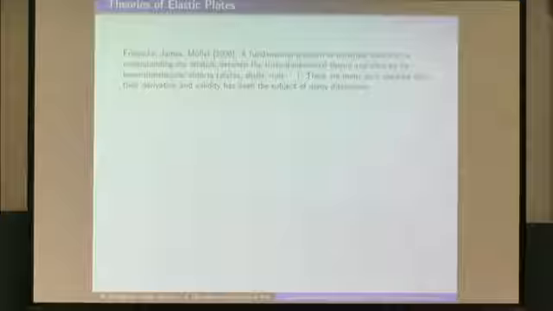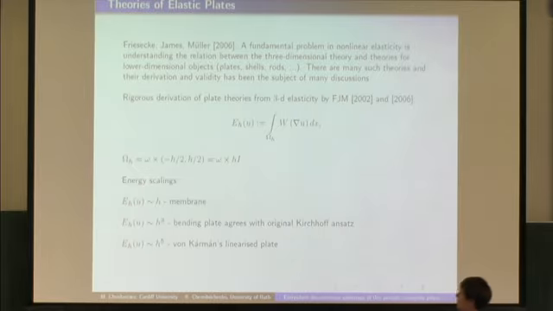So they say that the derivation and validity of such theories has been the subject of many discussions. Okay, so they start from a nonlinear elasticity setting. They consider a homogeneous elastic plate, so there is no dependence on the x variable of the stored energy function. So it is the same at every point of the body.